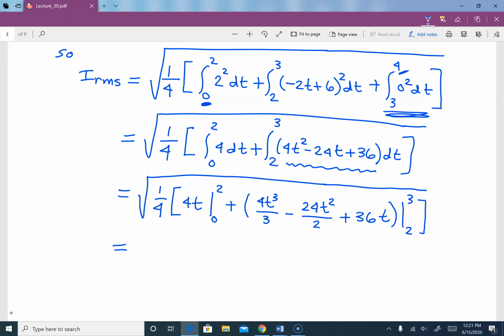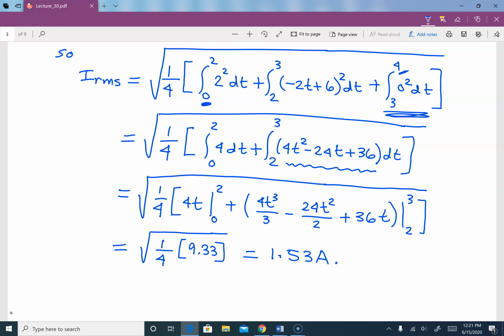So that is equal to the square root of 1 over 4 multiplied by 9.33, and this is equal to 1.53 ampere.